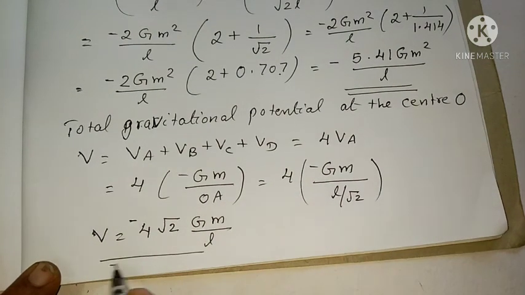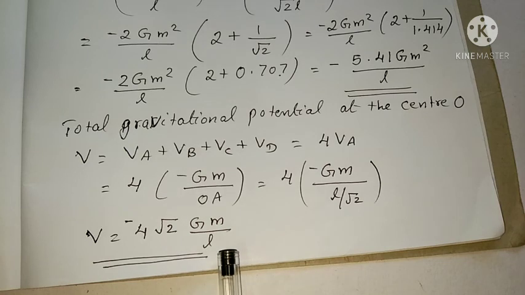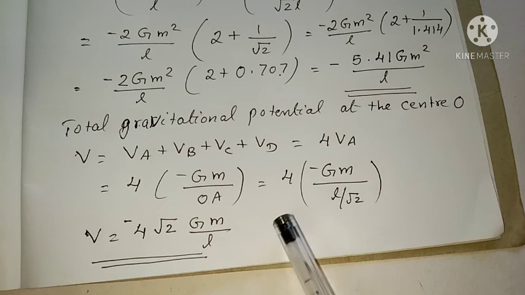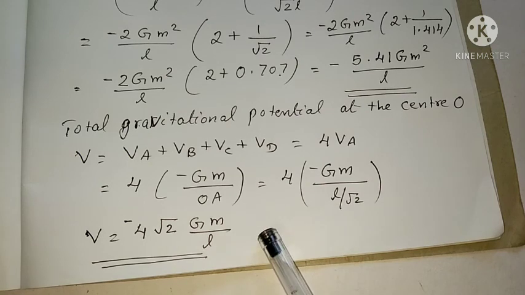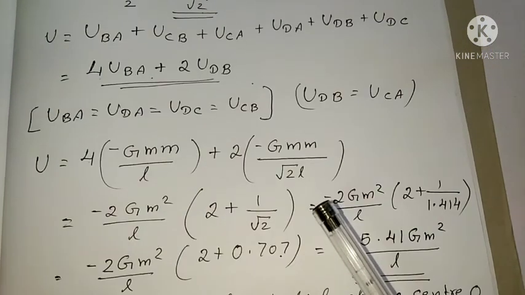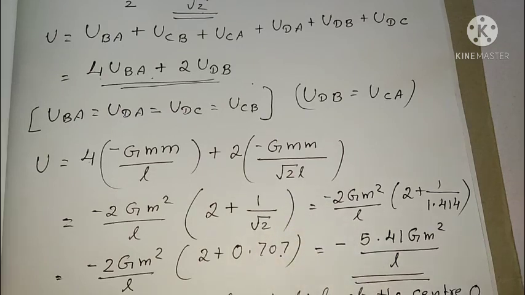This is the gravitational potential at the center O, V equal to minus 4 root 2 G M by L. The gravitational potential energy we already found. Then the second one, gravitational potential. What is the general formula of gravitational potential? Minus G m by R. And the general formula of gravitational potential energy is minus G M1 M2 by R. Clear?